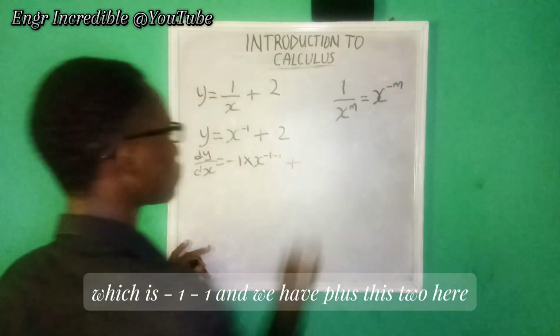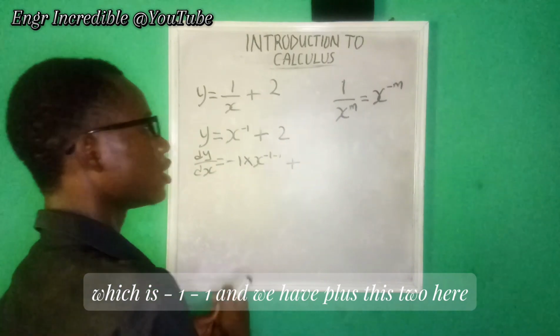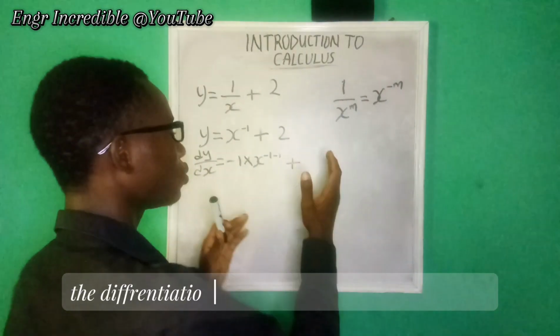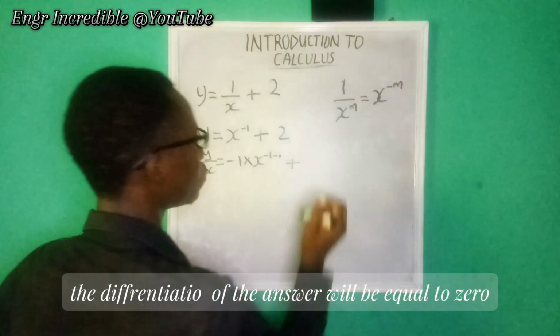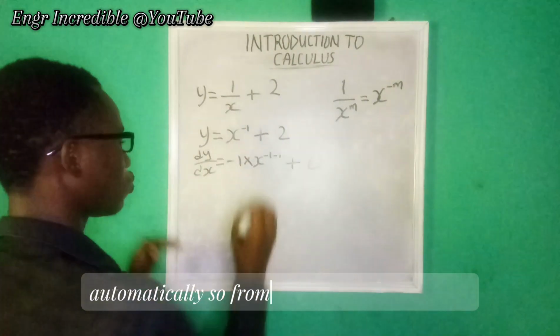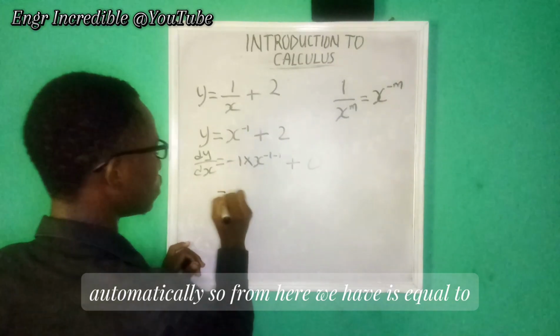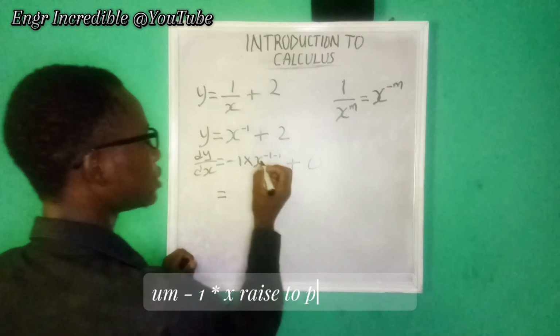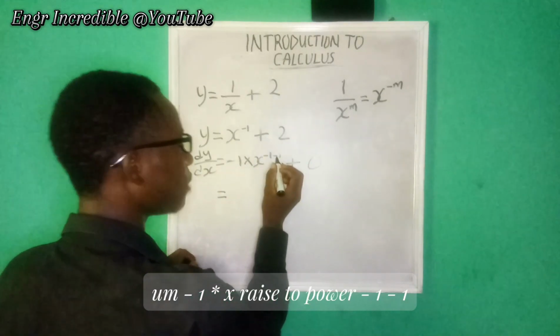And we have plus this 2 here. Just like we solved earlier, whenever you see a constant, the differentiation is equal to 0 automatically. So from here, we have dy/dx equals minus 1 times x raised to power minus 1 minus 1.